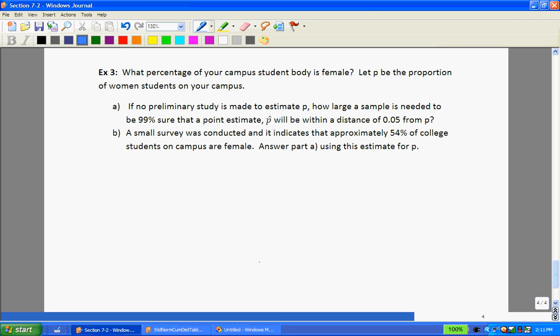Okay, for part A, let's first identify what we do know so far. So we know that our confidence level is 99%. So that means alpha is 1 minus 0.99 or 0.01.